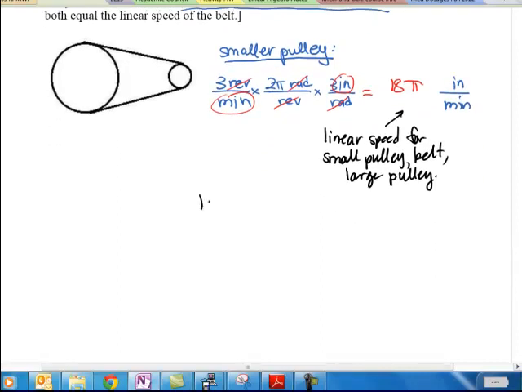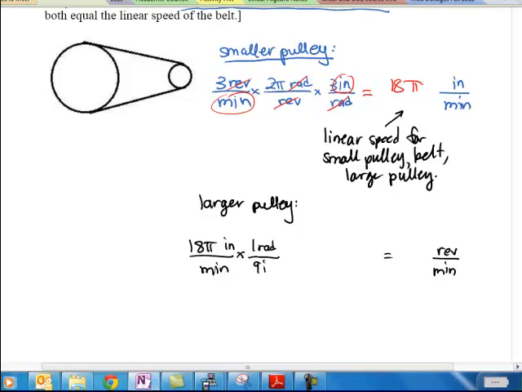So now what we want is for the larger pulley, what's the angular speed? What is the revolutions per minute? So we know we've got 18 pi inches per minute, and we want to get to revolutions per minute. So we want to work our way from inches to revolutions. There we know the radius is 9 inches, so we have 1 radian is 9 inches, and then we want to have 2 pi radians per revolution.